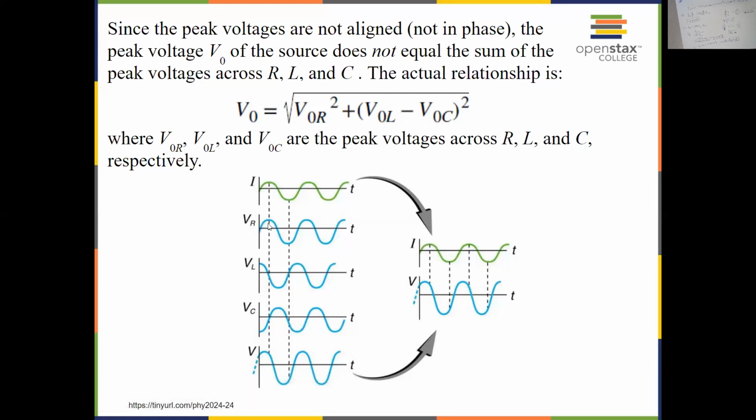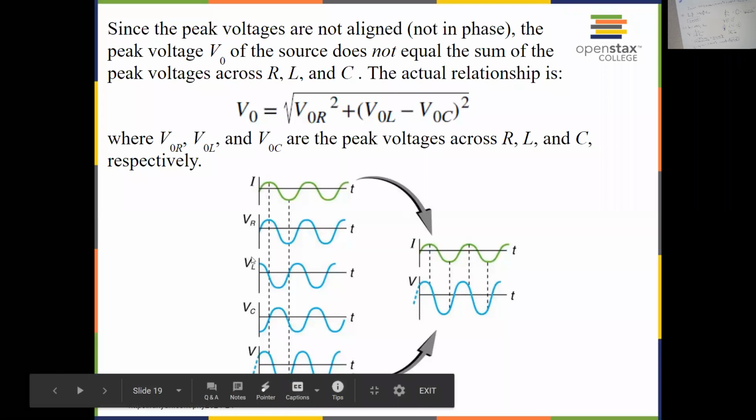Let's take a look at this one. This one is in phase with the current, but this one is 90 degrees off the current. They're offset by phase. You can imagine two vectors: VL is perpendicular to this one, 90 degrees off, and VC is also perpendicular to it, but in the other direction.